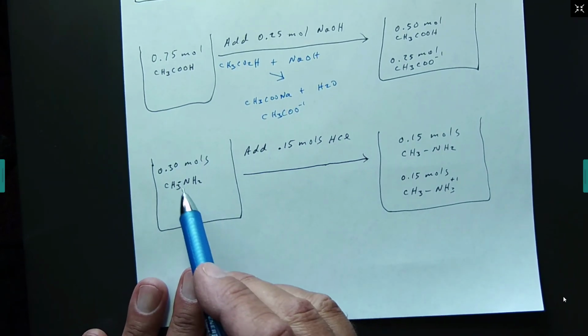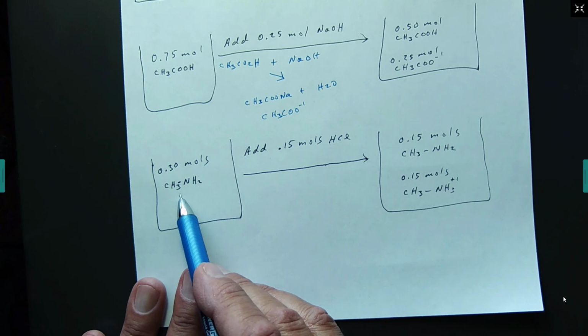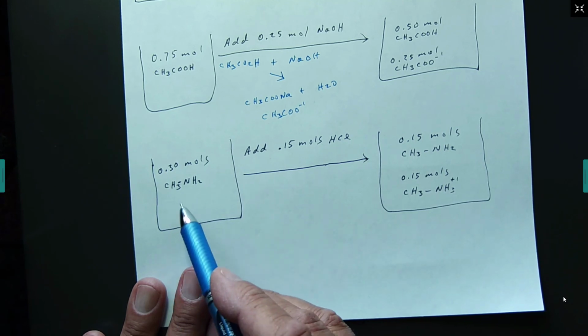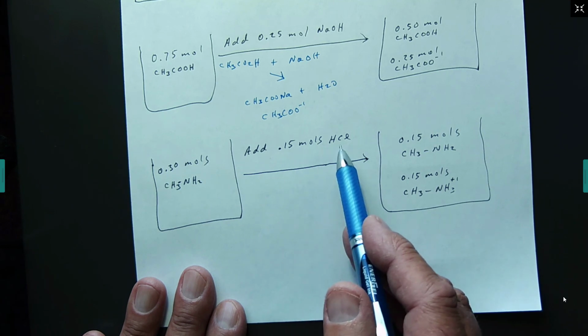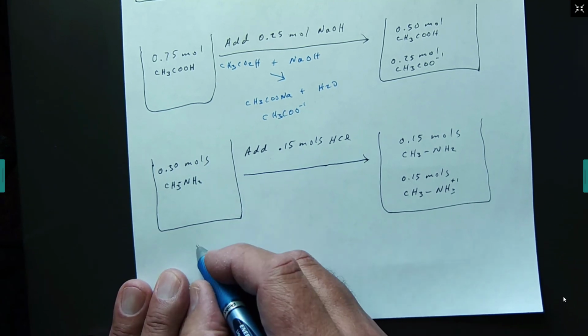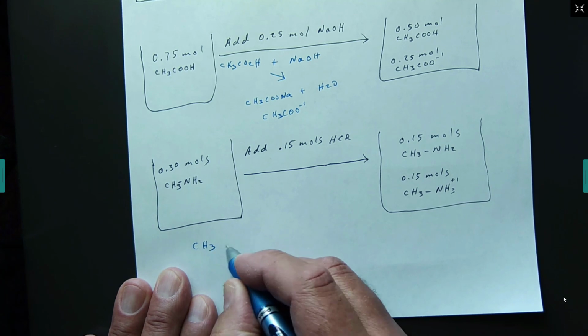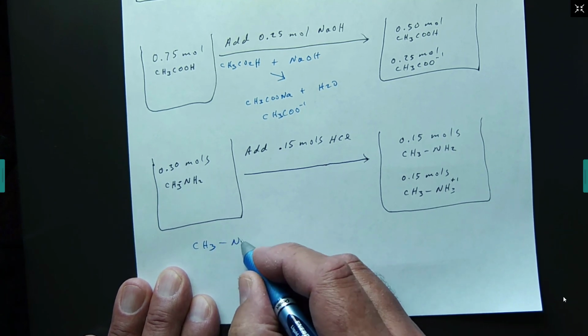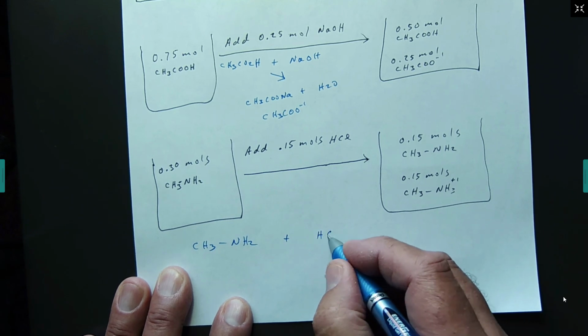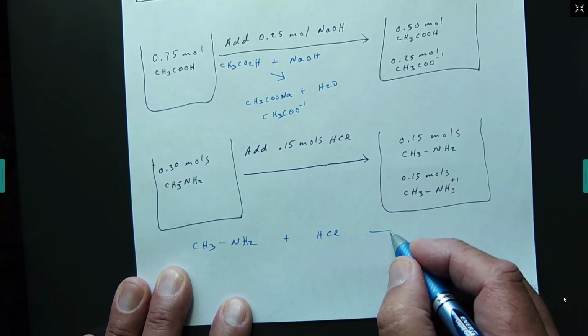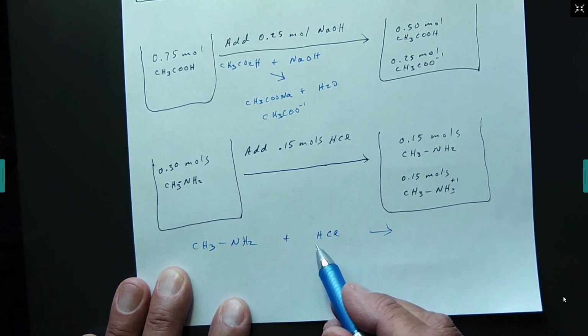Let's say I started with 0.3 moles of methylamine. It's a weak base. The amines are weakly basic. I add 0.15 moles of hydrochloric acid. The methylamine reacts with the hydrochloric acid, the strong acid. What's this do?